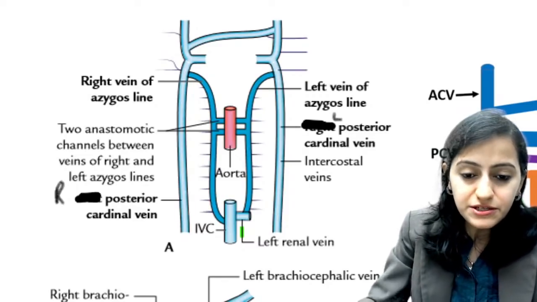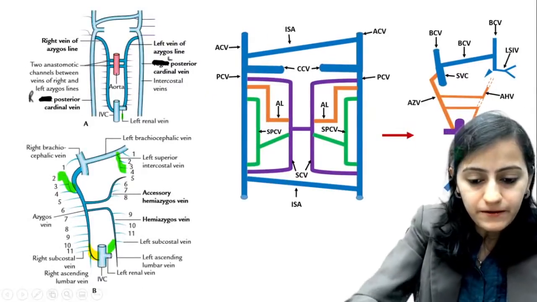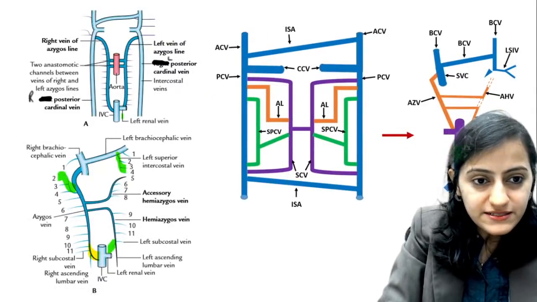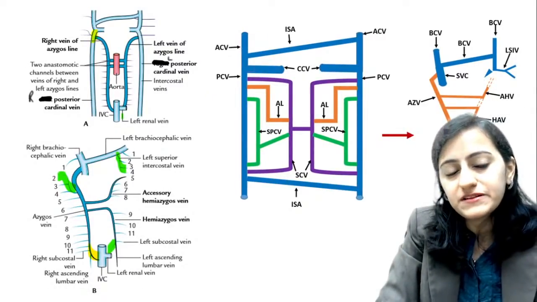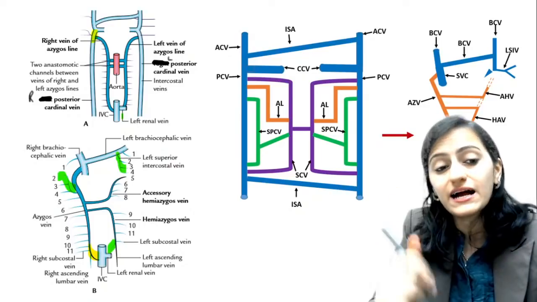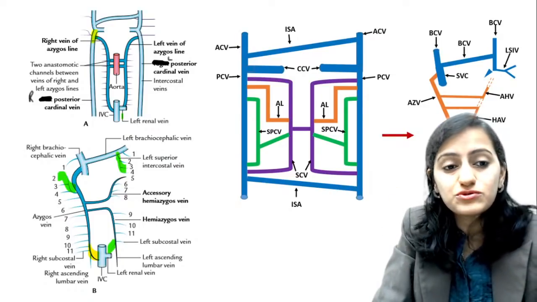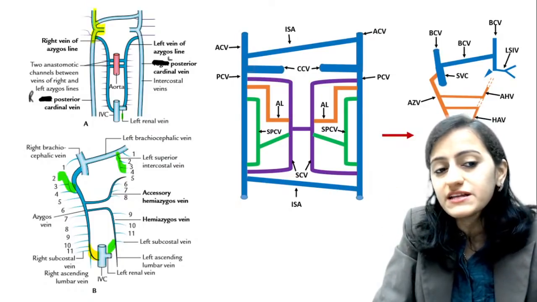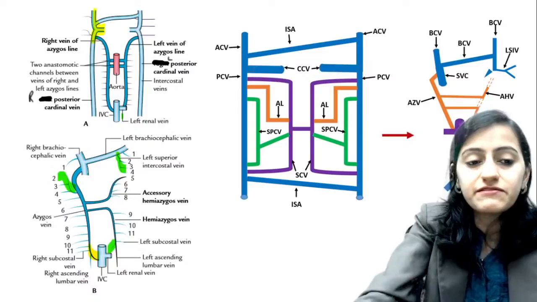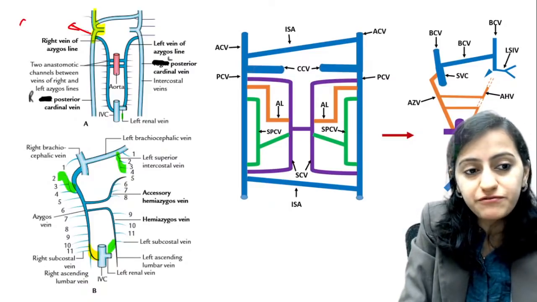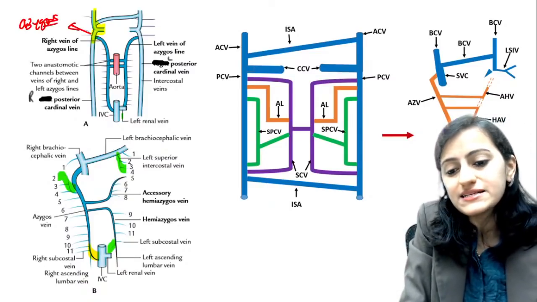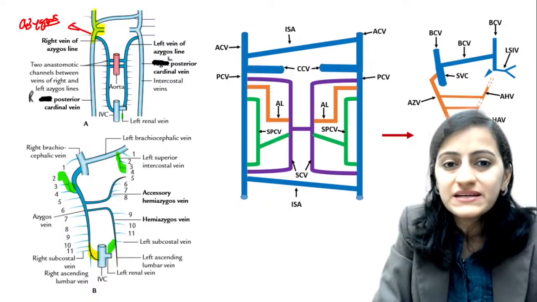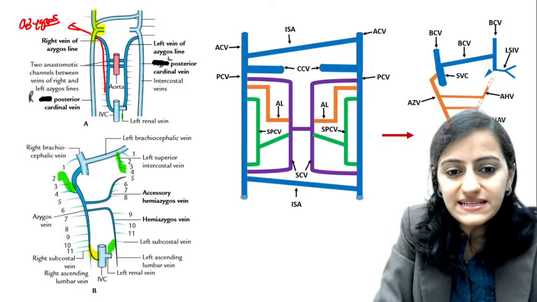So if I ask you that this part, basically this is the posterior cardinal vein, the superior most part of the posterior cardinal vein, which is draining into the SVC, because this is the superior vena cava, that basically will form what? The azygos vein, the distal part of the azygos vein. In the body, we have the azygos line of veins.